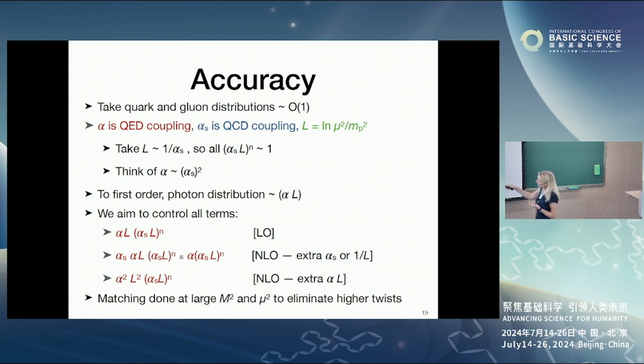We know that the electromagnetic coupling is much smaller than the strong coupling. So somehow you can develop a counting where you count as leading order everything that is alpha s log to the power n and alpha log. So the photon you can think about it that it comes from a splitting of a quark times a collinear log. So this is our leading order term.